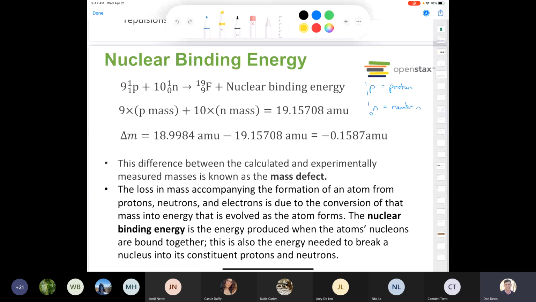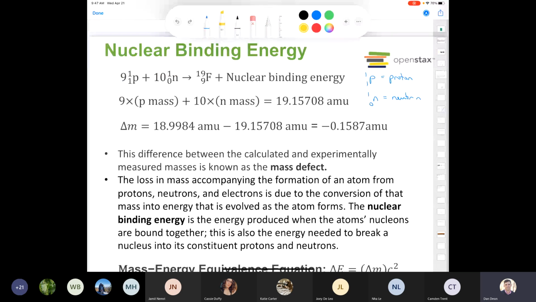If you tally up the mass of 9 protons, and a proton weighs 1.0073 atomic mass units, and you add it up with 10 neutrons, which weigh 1.0087 AMU, you tally all that up, you get around 19.15708 AMU.